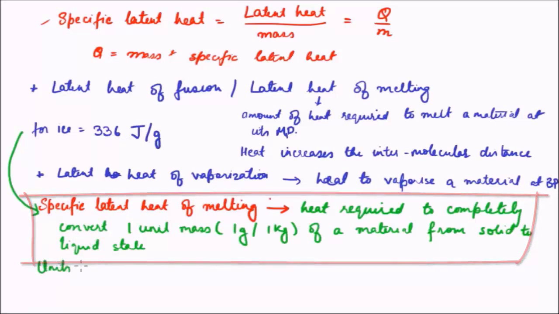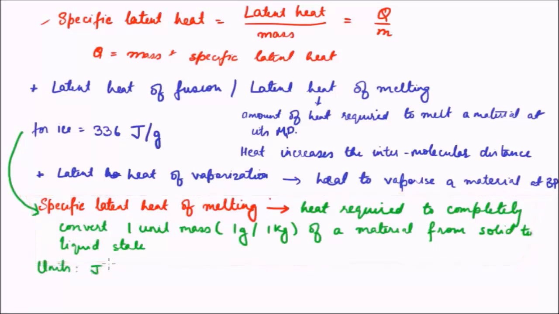The units of specific heat of melting will be joule per gram or joule per kilogram or calorie per gram or kilogram. So basically it will have a unit of heat and a unit of mass. So specific latent heat would be total heat upon mass. Now we know that the specific latent heat of melting for ice is 336 joule per gram.